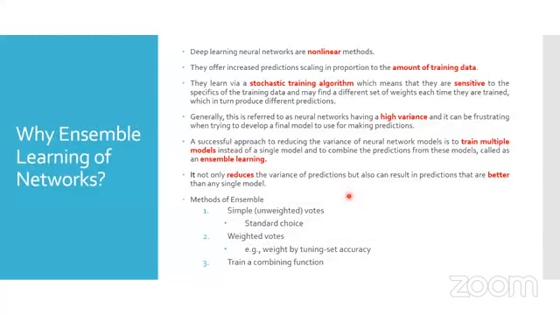Okay, now these deep learning networks are nonlinear methods, and when we are talking about using deep learning, we actually require a very large amount of training data. Okay, it is expected, because in deep learning methodologies it is very important to understand, or all of you must be learning it from the literature also, that you require large data to train your deep learning networks, because deep learning networks learn the input data in a hierarchical way.